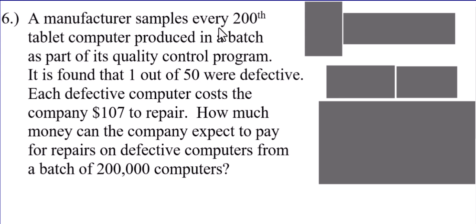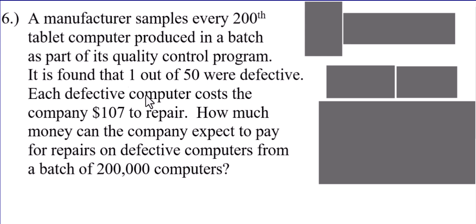Okay, so the manufacturer is sampling every 200th tablet computer. So that is a systematic random sample. We like that. He or she found that it's 1 out of 50 that were defective, and it's $170 to repair. They're going to do a batch of 200,000 computers.